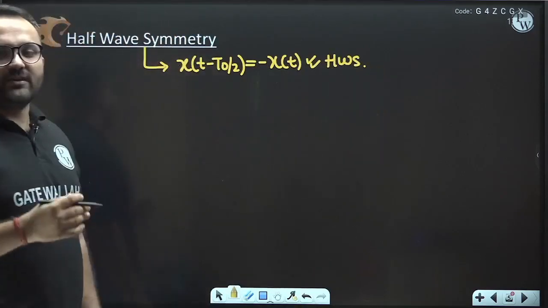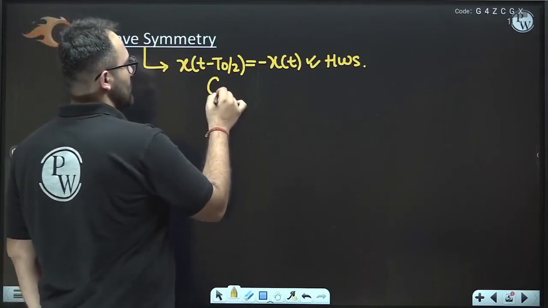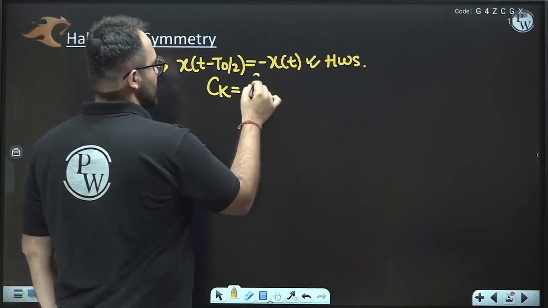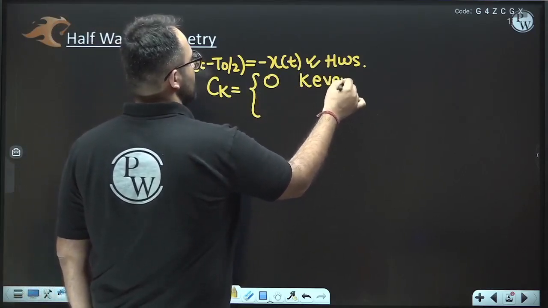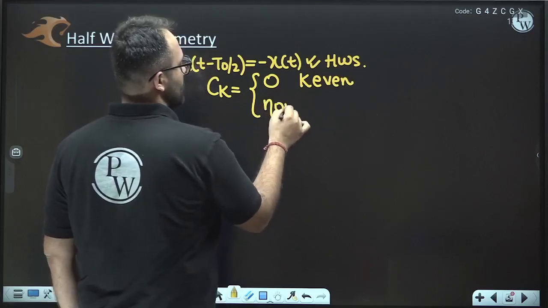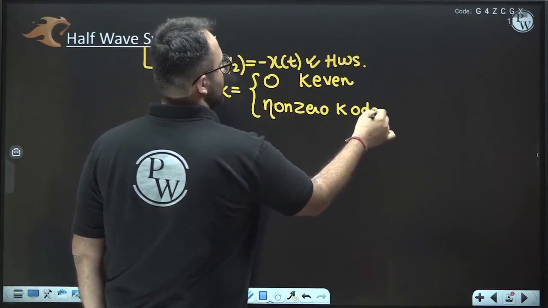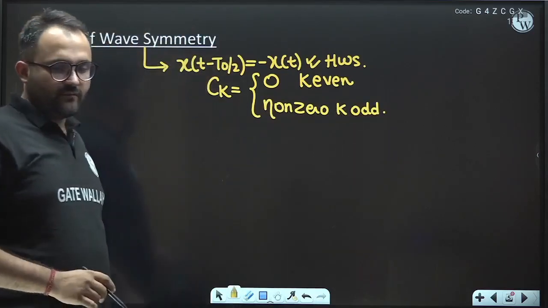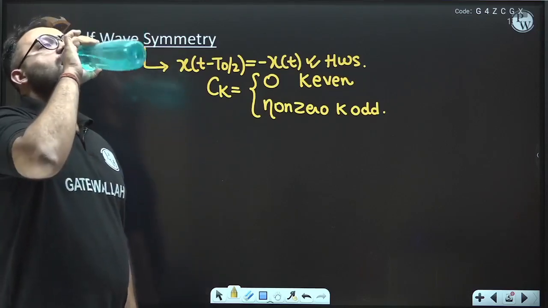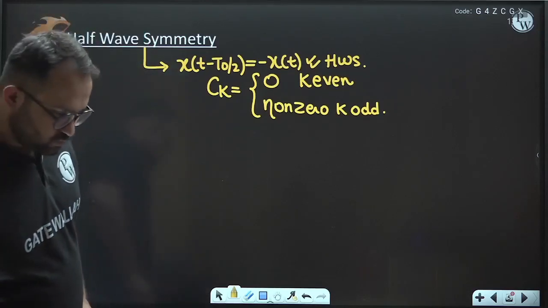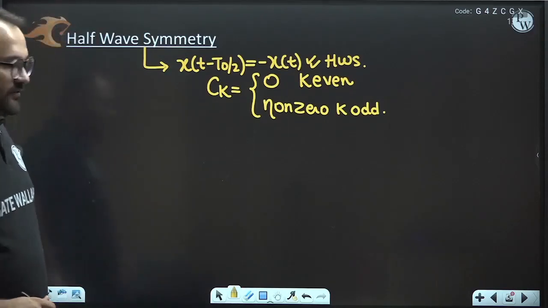And if the periodic signal has half-wave symmetry, then ck is equal to 0 for k even numbers, and it will be non-zero for k odd. Okay, it will be 0 for k even and non-zero for k odd. So this is a very important property for half-wave symmetry.